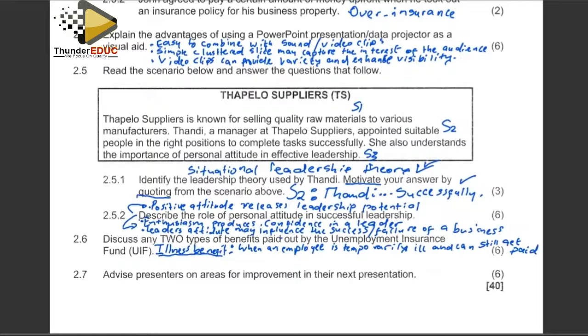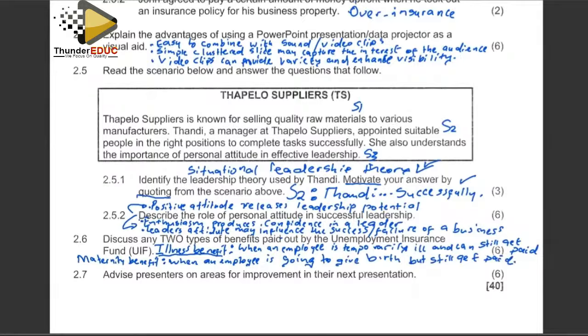We also have maternity benefit: when an employee is going to give birth but can still get paid.